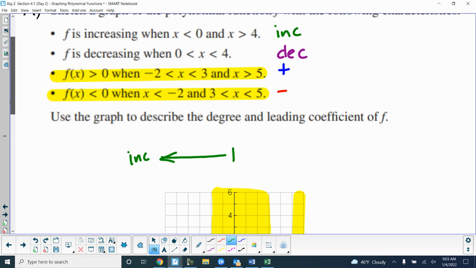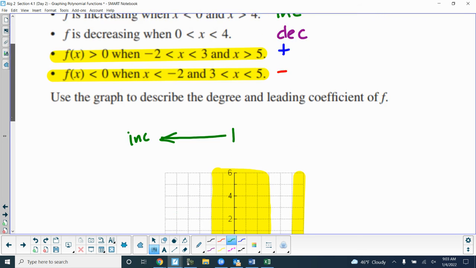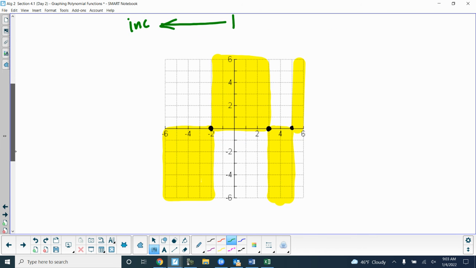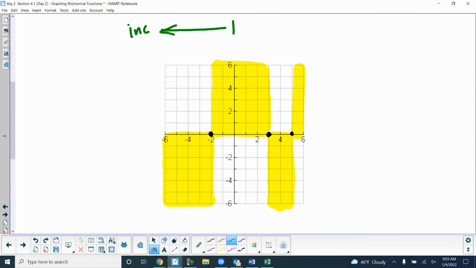And where else? Greater than 4. So somewhere on here at 0, it doesn't matter where, it was going up, and then somewhere down here at 4, it started going up again.